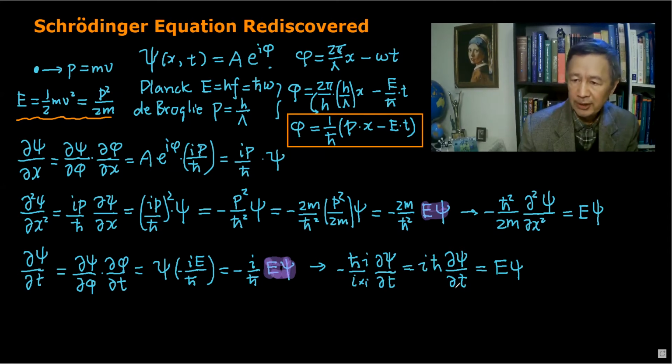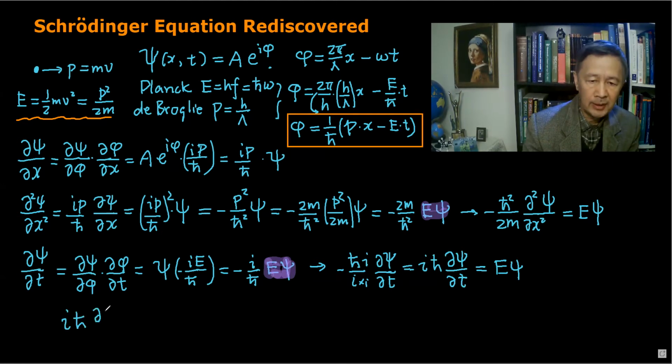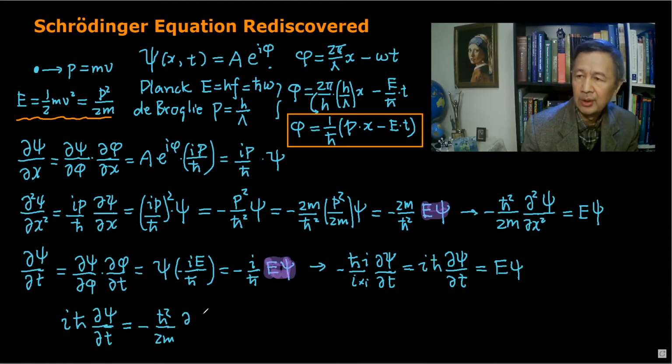On the left-hand side is i h bar, partial psi, partial t, equal to the right-hand side, which will be negative h bar squared over 2m, the second partial derivative, multiplied by psi.